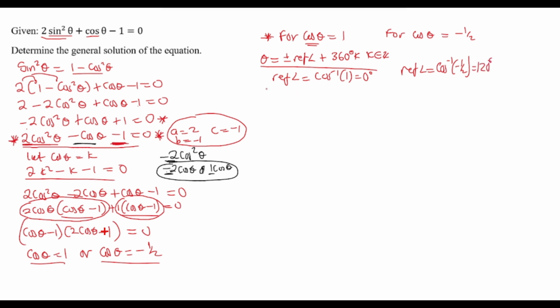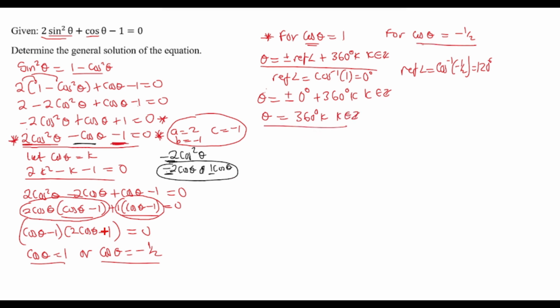Okay, so for this side, it's going to be theta is equal to positive or negative 0 degrees plus 360 degrees times k, where k is an integer. Right, so you just remain with theta is equal to 360 degrees times k, where k is an integer, like that.